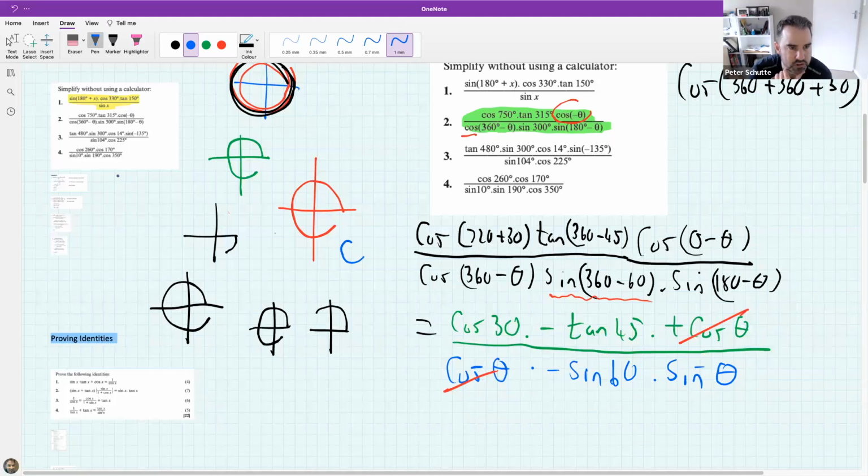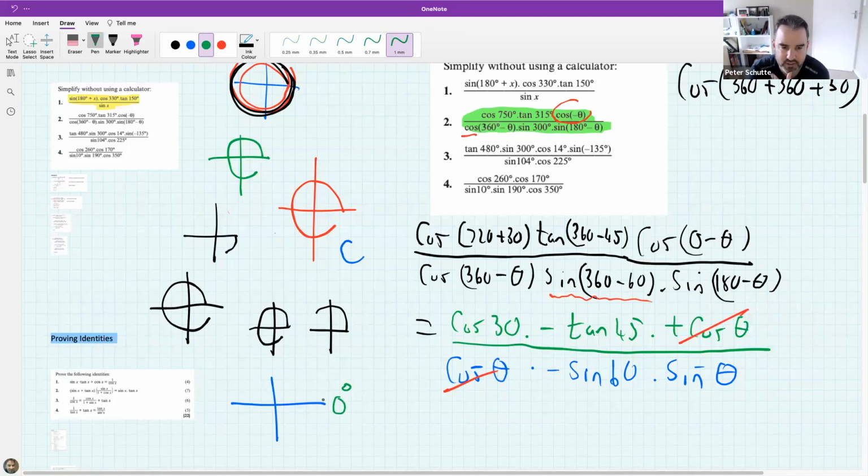And how did you get positive cos theta from the cos minus theta? Okay, the cos minus theta is in quadrant 4, and all I said was it's the same as saying 0 minus theta. So 0 is a horizontal here, right? That's 0.